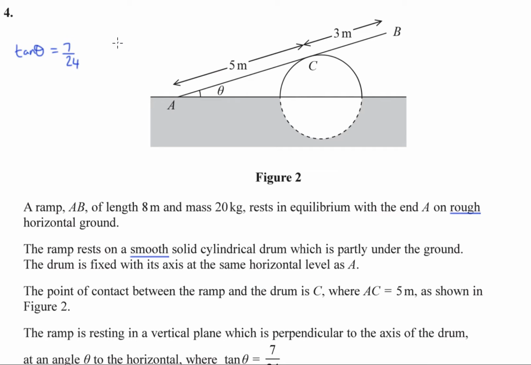As soon as I see that, I'm going to draw the triangle again like we did on question 3 and say that's going to be 7 and that's going to be 24. We can work out the hypotenuse, and that'll give us sine theta and cos theta. 7 squared plus 24 squared is 625, so this length here is 25. So sine theta is 7/25 and cos theta is 24/25.